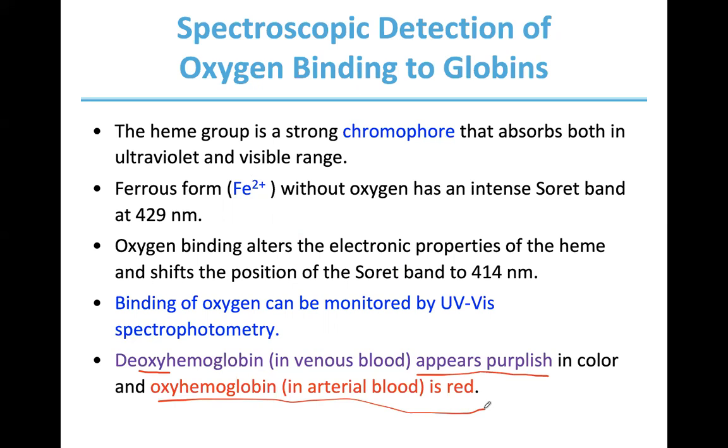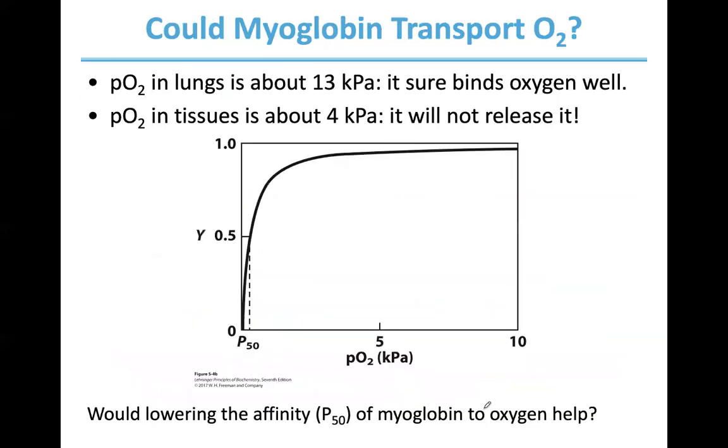So you can actually monitor how much oxygen is in the venous blood and how much is in the arterial blood, and how much of it is delivered to various organs and tissues. Sorry, not lost, but delivered to various tissues.